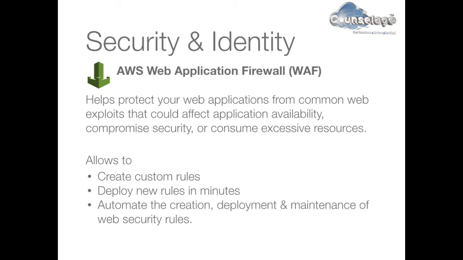You can use AWS WAF to create custom rules that block common patterns such as SQL injection or cross-site scripting, and rules that are designed for your specific application. New rules can be deployed within minutes, letting you respond quickly to changing traffic patterns. Also, it includes a full-featured API that you can use to automate the creation, deployment, and maintenance of web security rules.